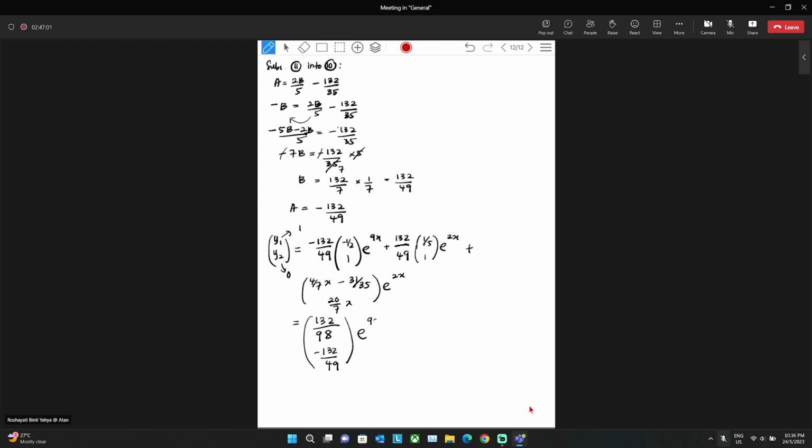And then plus, we look at exponential to x only. So, 132 over 49 times 5, what is it? Where is my calculator?